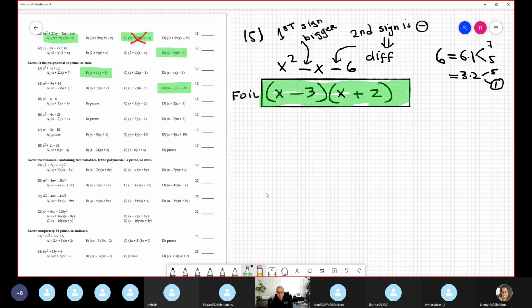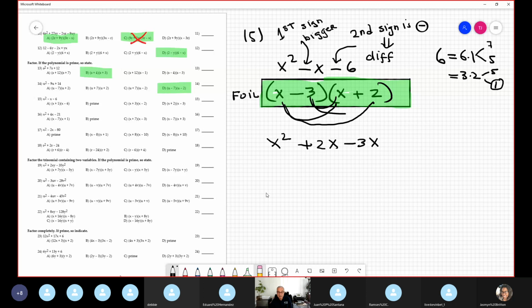How do you FOIL? Well, first, x times x is x squared. Outer is 2x positive. Inner is minus 3x. And last is minus 6.